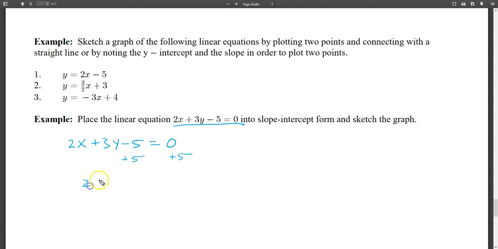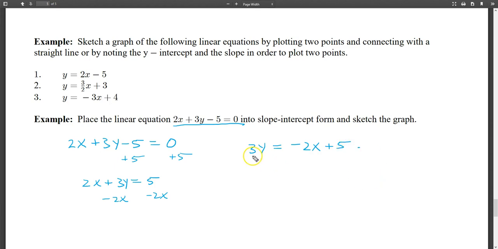So we'll have 2x plus 3y equals 5. Now we want to move the 2x over. Well, when we do that, it will become negative 2x over here. That's the same as subtracting 2x. And we end up with 3y equals negative 2x plus 5.